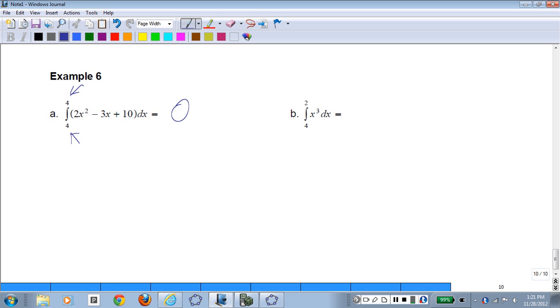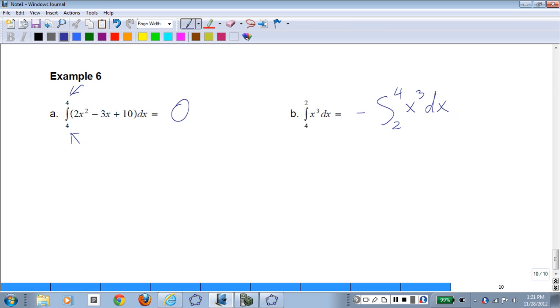There's some calculating that has to be done. But if the graph is above the x-axis between 2 and 4, this value is going to be negative. All the area is going to count negative because the lower limit is greater than the upper limit. So if I want to visualize a graph that's above the x-axis, what I could do is negative the integral from 2 to 4 of x cubed dx.